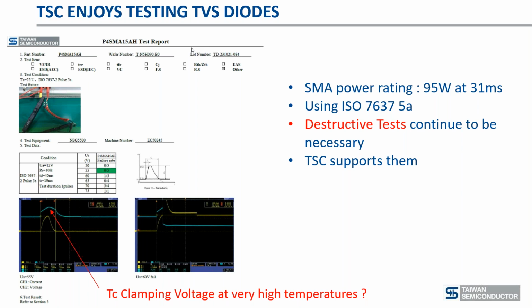So as a tip, that's how you understand when you're close to blowing up a TVS. This is something we will work on and help you with in our labs, in our factories. So TSC enjoys testing TVS systems like us. That's what we like, destroying them.